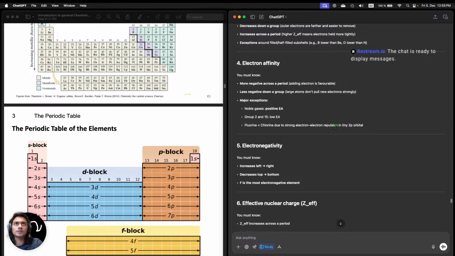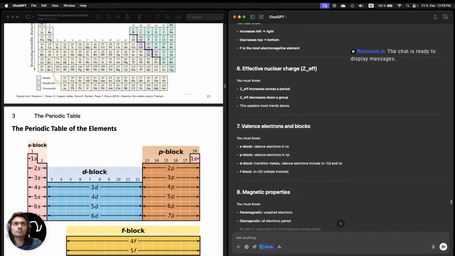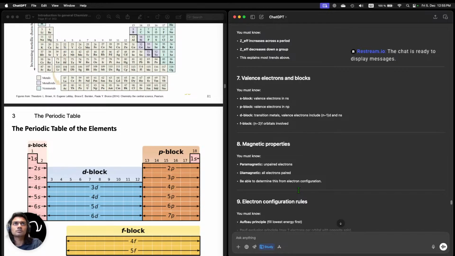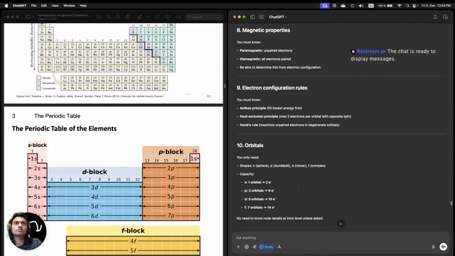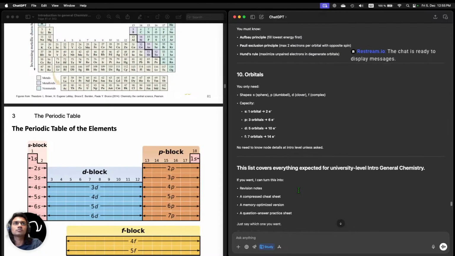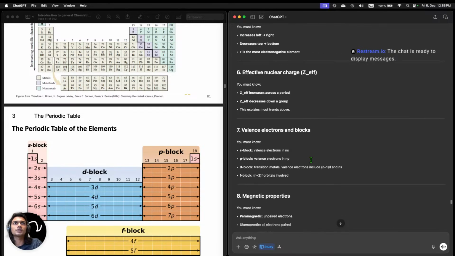Electronegativity. No, that's for the entire general chemistry.